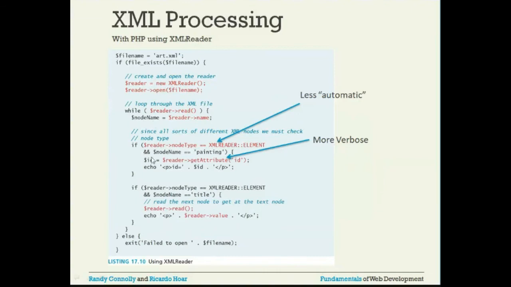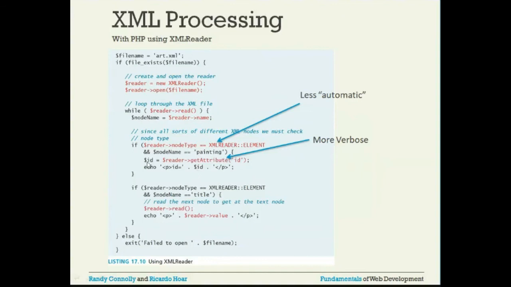Then you are going to check, since there are all sorts of different XML nodes, we must check the node type, because we are going to get all the nodes. We have to check whether it's a painting or not. $reader->nodeType, we have to check whether it is an element, XMLReader::ELEMENT, and the $nodeName, whatever node name you have fetched, whether it is a painting or not.